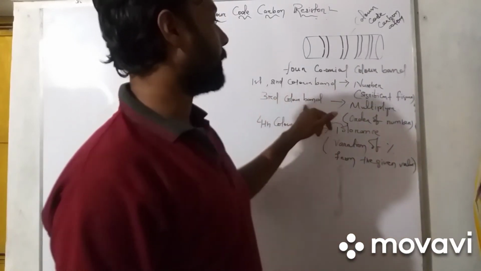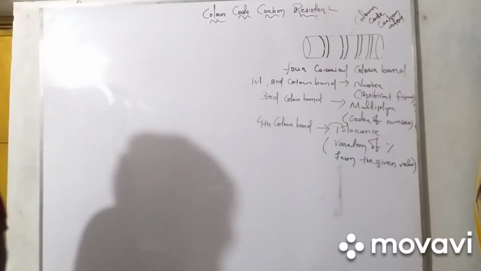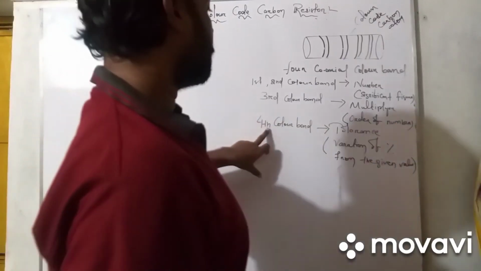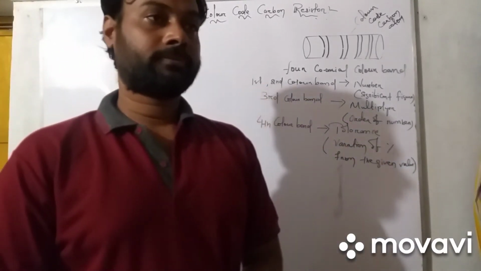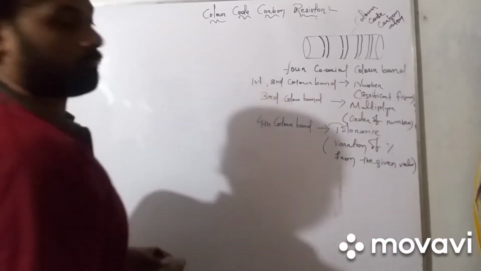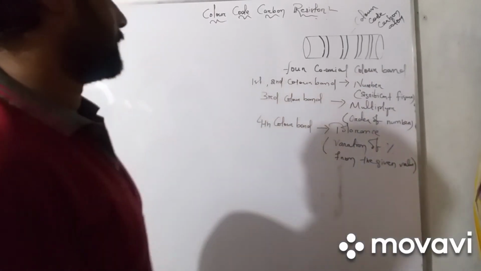The third color band represents the multiplier, meaning the order of that number. The fourth color band represents tolerance, how much error is generated. Clear? 4 coaxial color code bands.